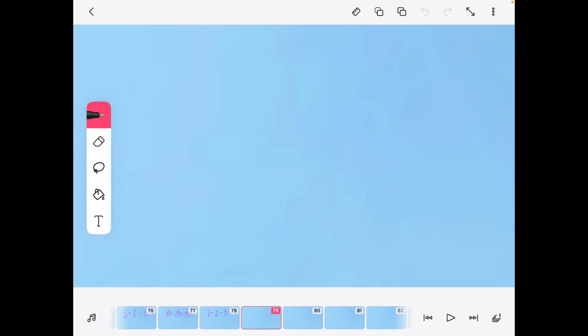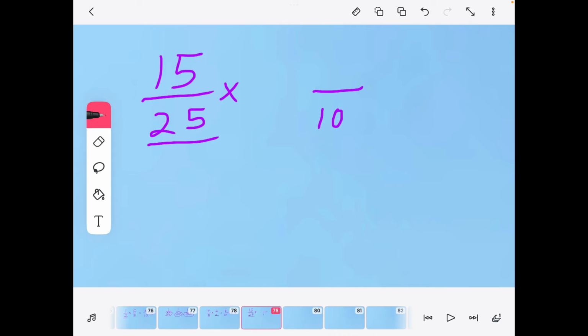Let's try another one. How about 15 over 25? A little trickier. Start with the end in mind. I have 2 digits, so I need 2 zeros. Okay? 25 times what equals 100?